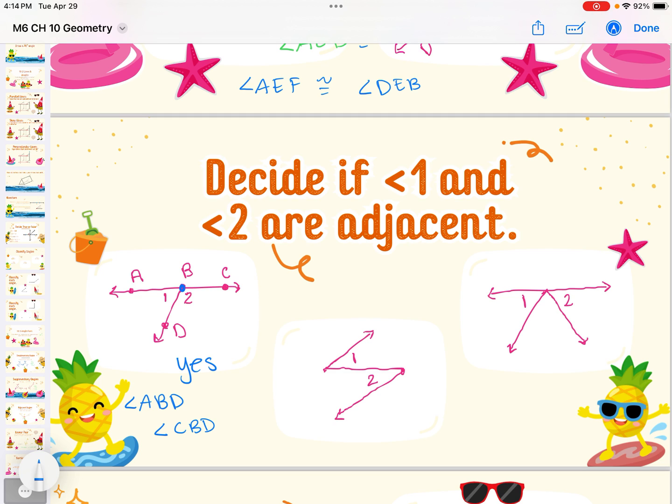Now if we look at these angles, remember, to be adjacent, they need to share a common side and a vertex.